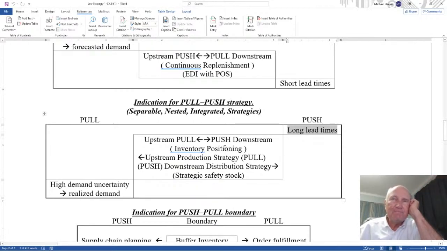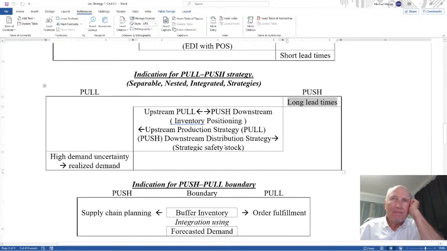Okay. Then you have upstream production strategy as a pull, and downstream distribution strategy is push. And so therefore, you're going to have more of a strategic safety stock. And there's where you have your inventory positioning. And so all of this comes together with your inventory downstream, with your production strategy upstream to bring together.